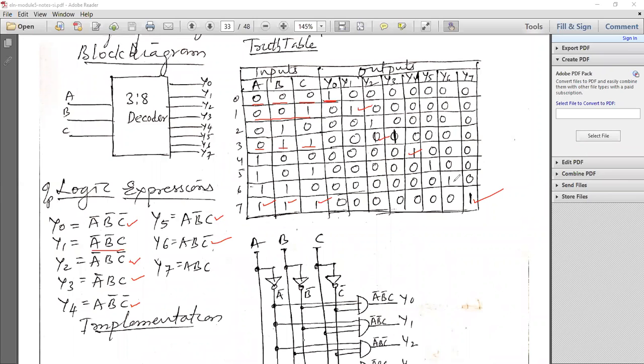If I go for 6, it is A 1, B 1 and C bar. If I see for 5, it is A, B bar and C.